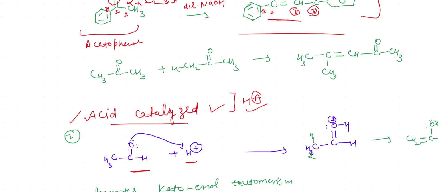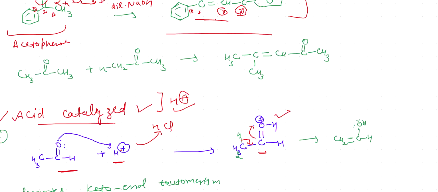This H positive is generated from HCl. Clear? This oxygen will attack on H positive and the oxygen will get protonated, acquiring positive charge on it. Clear? As we know, this carbonyl group is electron withdrawing in nature. It will abstract the hydrogen from here and further undergo electromeric shift, thus forming an intermediate known as enol.